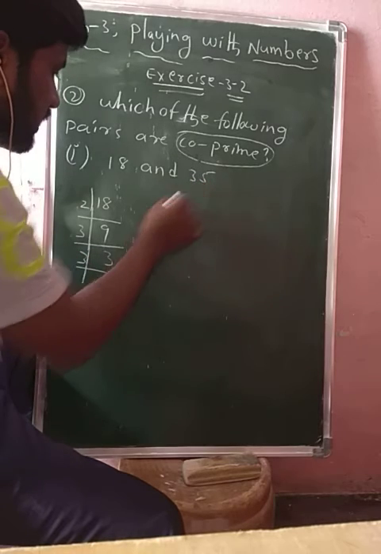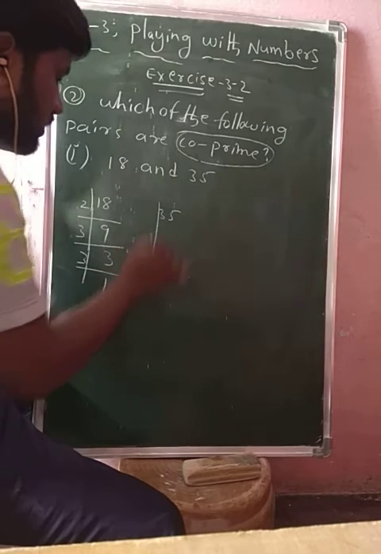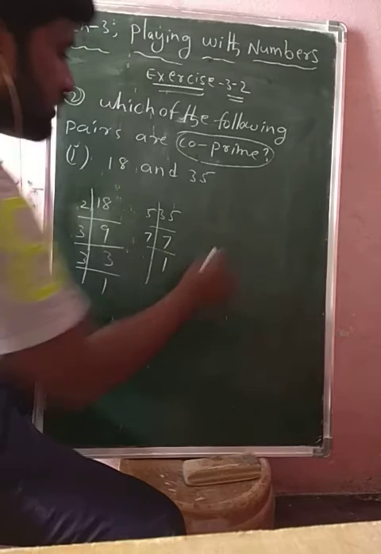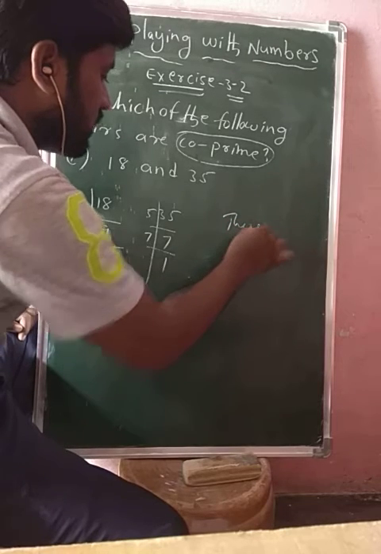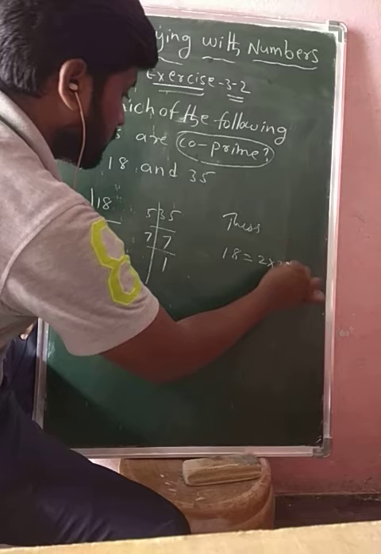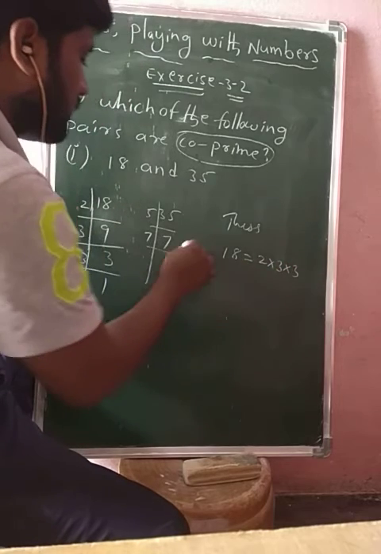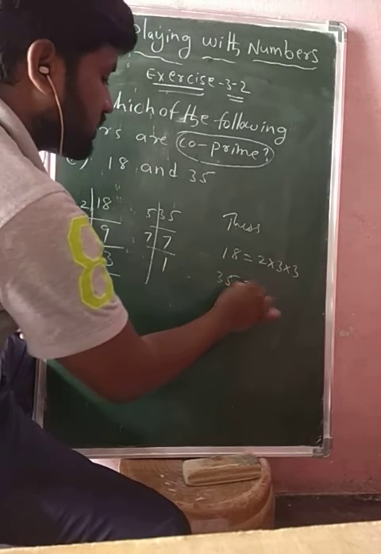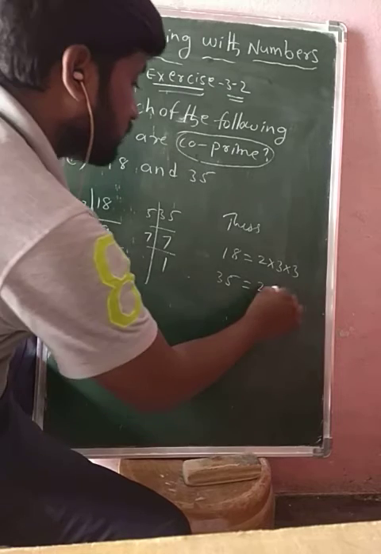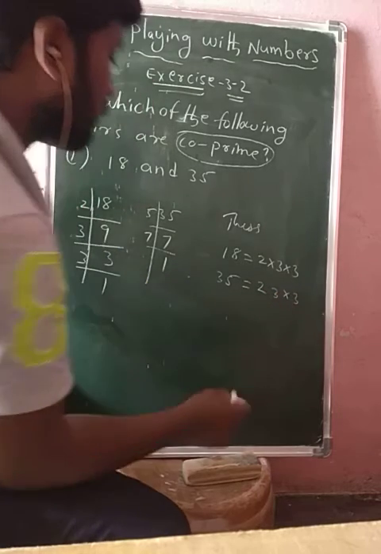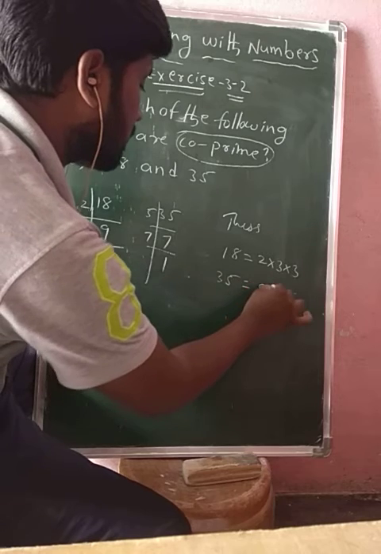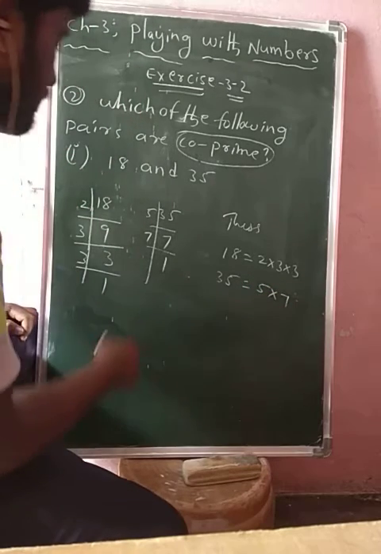And 35: 5 7s are 35, 7 1s are 7. So 18 equals 2 into 3 into 3, and 35 equals 5 into 7.